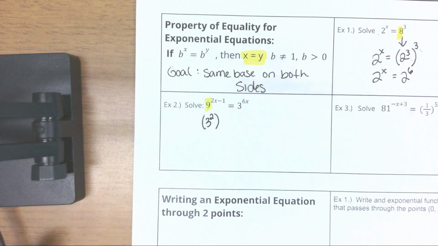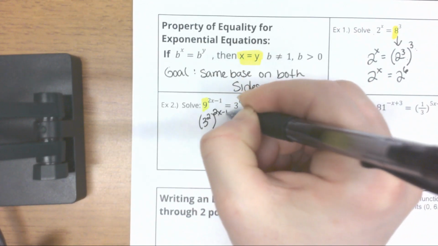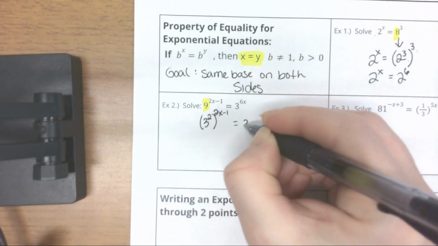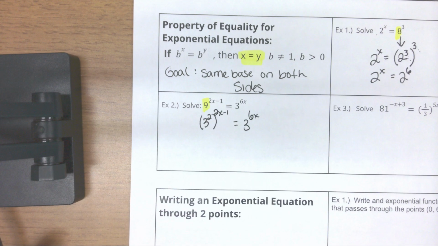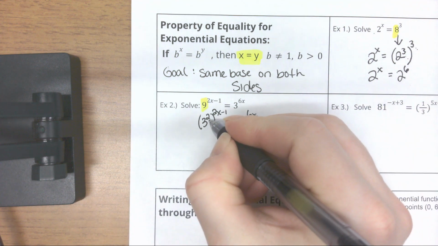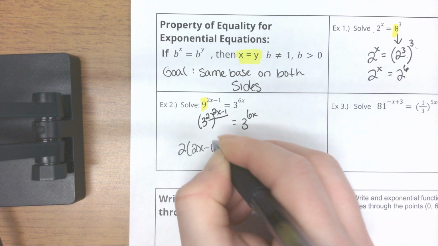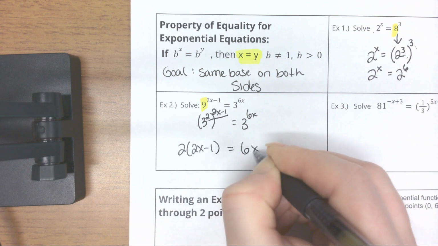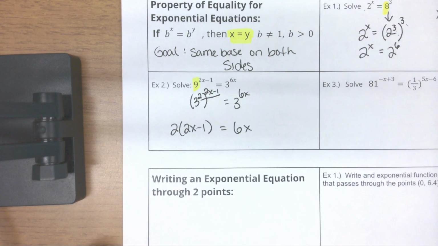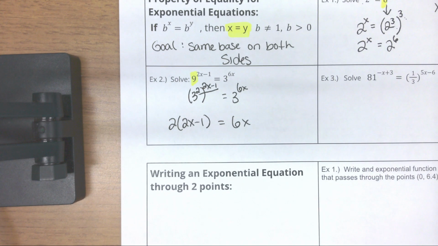But what exponent is still out there? 2x minus 1. Okay, are the core bases the same? Yes. So now what we're going to do is multiply these exponents together. So I have 2 times 2x minus 1 equals 6x. Notice I'm multiplying the 2 by the whole thing, 2x minus 1. Don't forget that step.